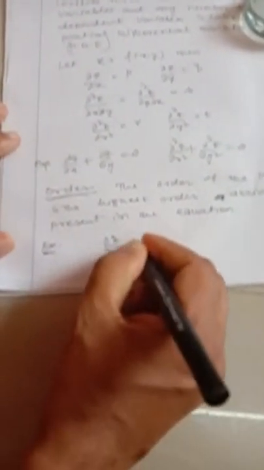For example, suppose we take dou z by dou x plus dou square z by dou y square equal to 0. Now this is also a partial differential equation. So here you see derivative of z with respect to x is 1 time, but here derivative of z with respect to y is 2 times.